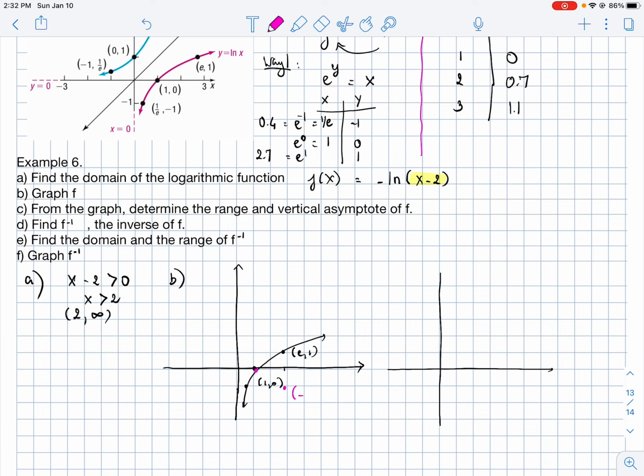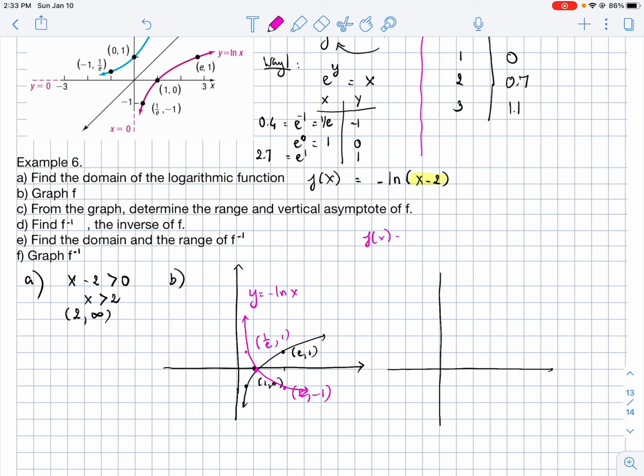And then e, 1 will become e, negative 1. And the other point, we have 1 over e, positive 1. So we do the minus. So y equals minus ln of x.